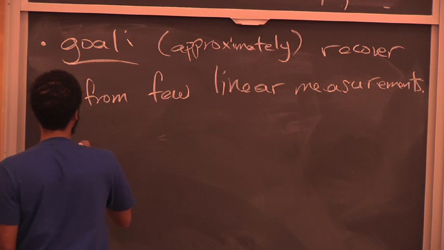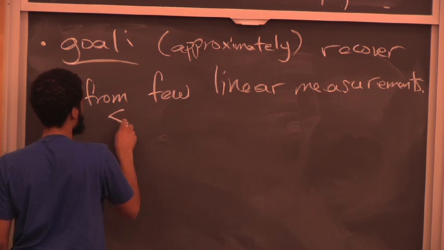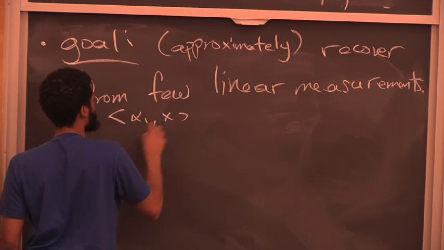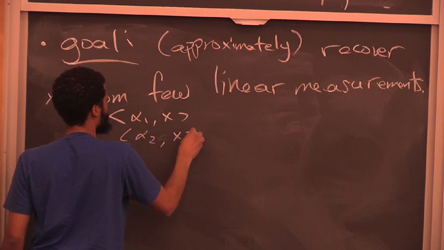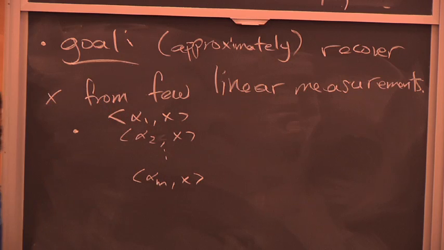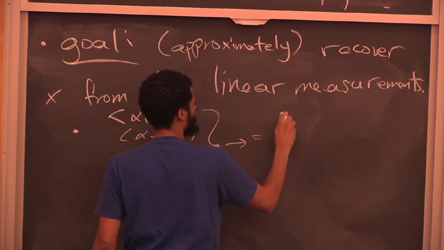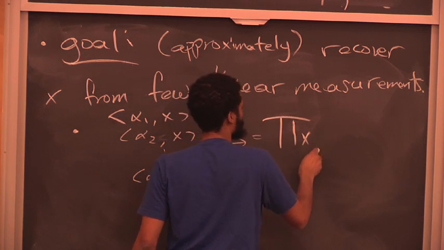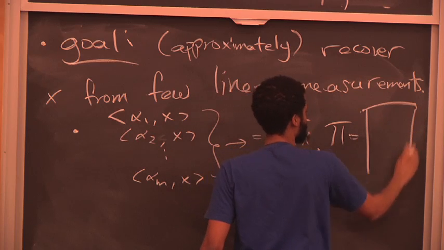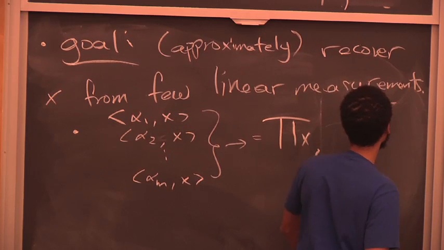And by linear measurements, I mean we'll get alpha 1 dot x, alpha 2 dot x, up to alpha m dot x. And given these m numbers, I want to approximately recover x. I can just view this as being pi x, where pi is the matrix whose rows are the alphas.